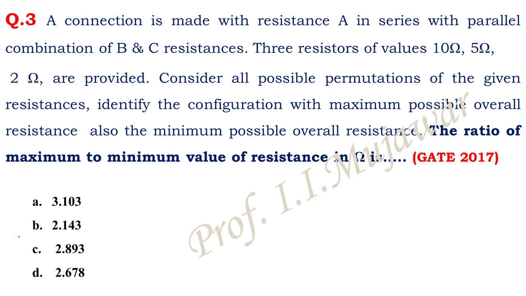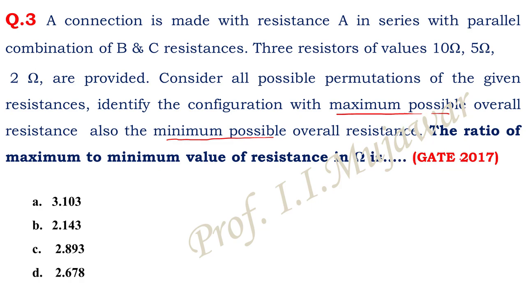Consider all possible permutations of the given resistances. Identify the configuration with maximum value of overall resistance and minimum value of overall resistance. And then we have to determine the ratio of maximum to minimum value of the resistance. This is from GATE 2017.